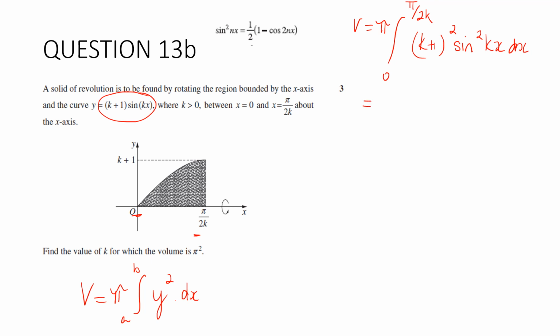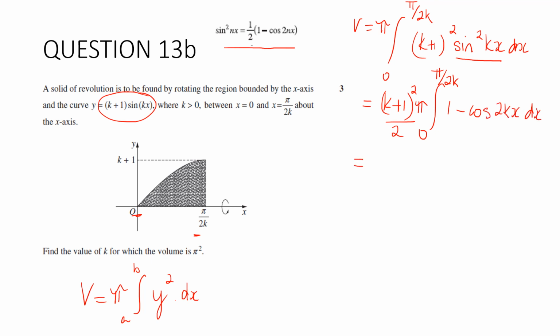All right, I'm going to bring this k plus 1 squared out the front because it's a constant. And we've got between 0 and pi on 2k. Now we've got this part left, and I'm going to use this identity to be able to integrate it. So I've got a half, throw that out the front as well, 1 minus cos 2kx dx is equal to k plus 1 all squared pi over 2.